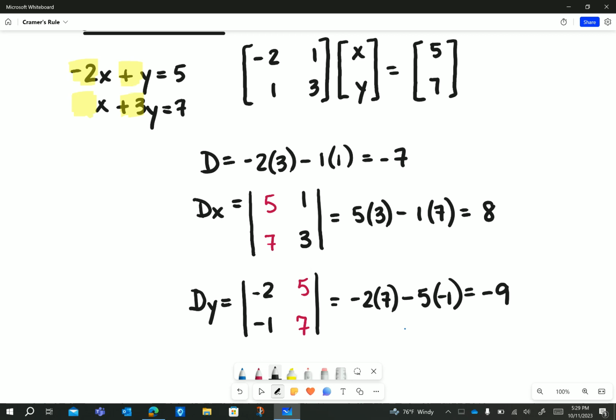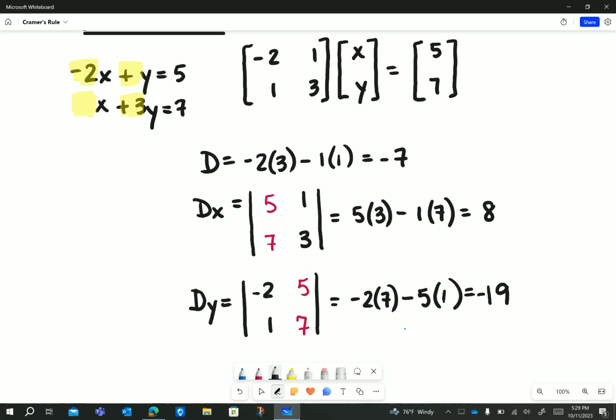So far, so good? Okay. So, what else do we do? Oh, wait a minute. I thought I was doing something wrong because I don't remember that being the answer when I practiced. Let me put the right number there. There we go. So, -14 minus 5 is -19. My bad.